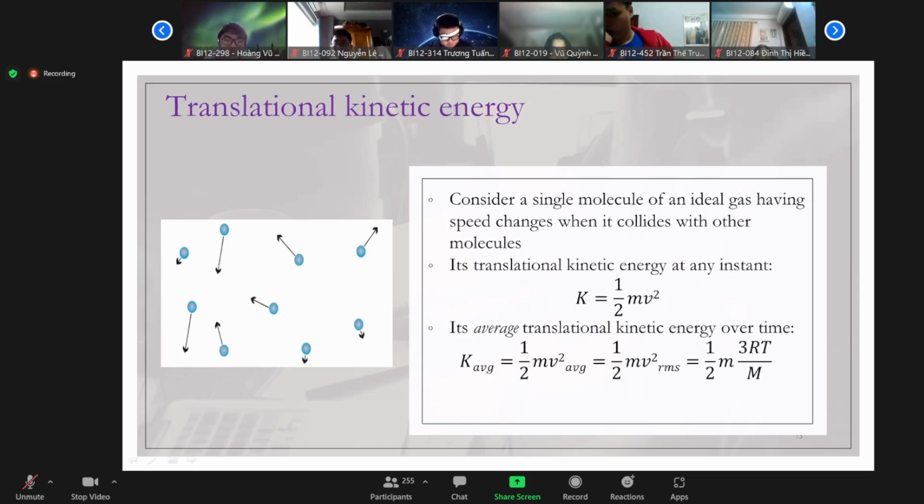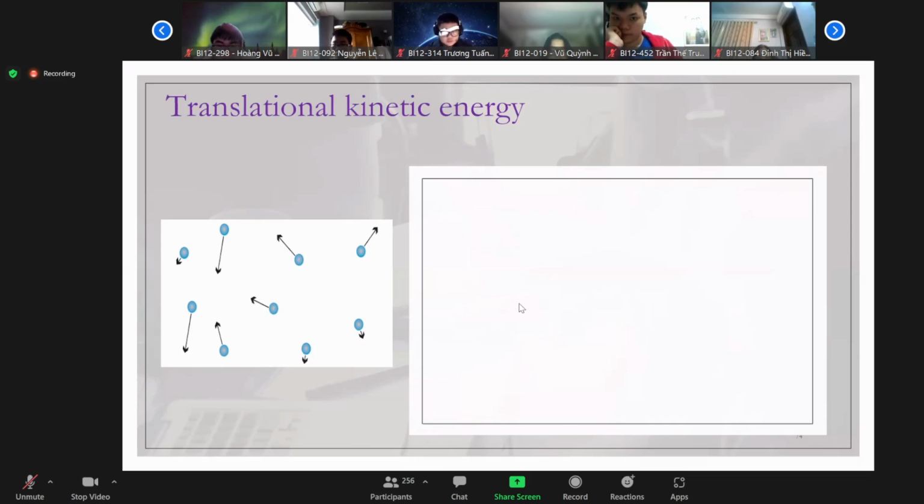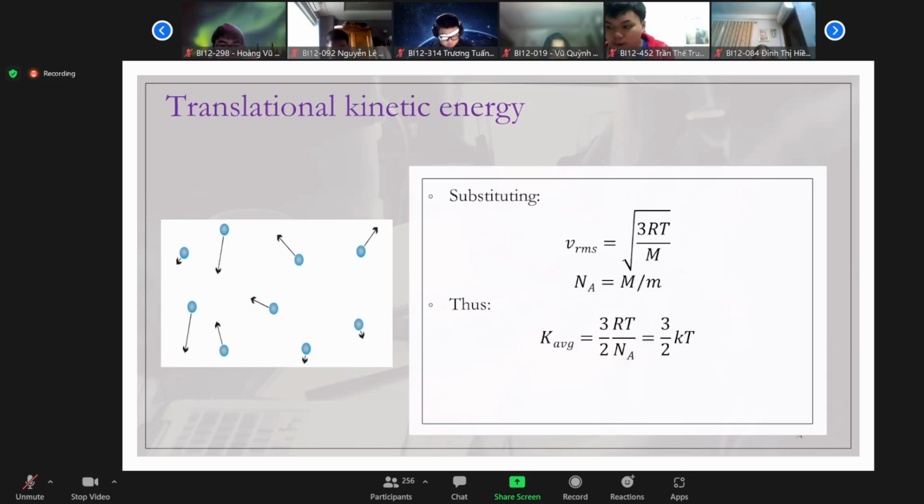Is it okay? Yes. We continue. Now we continue to substitute the root mean square speed here. We did it already, with the gas constant.